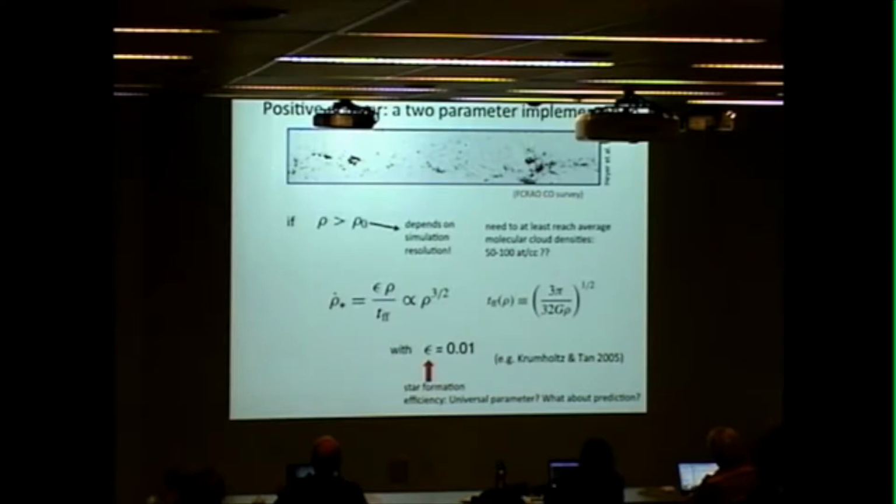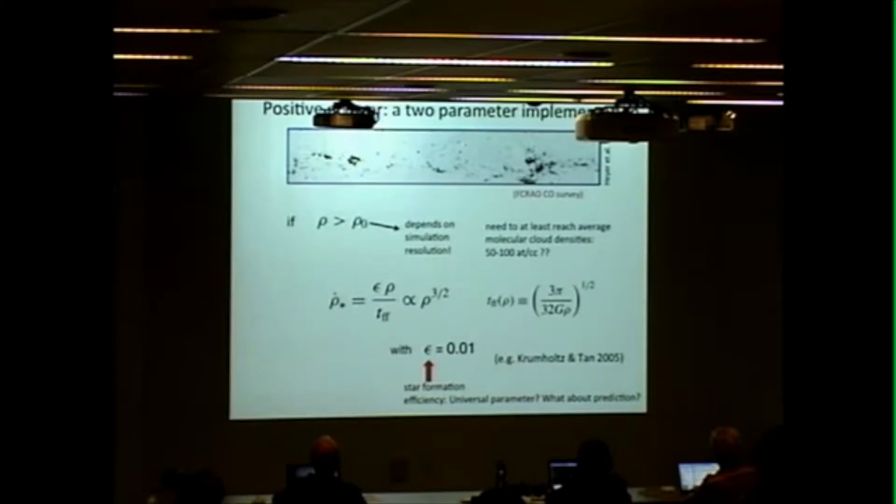This threshold actually depends on the resolution of the simulation. The better resolution you have, the higher this threshold is going to be. And Joel has argued nicely that you need to go to a very high threshold star formation to get realistic galaxies. I think this is not enough, and we'll come back to that in a minute.